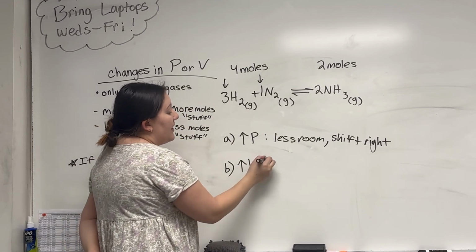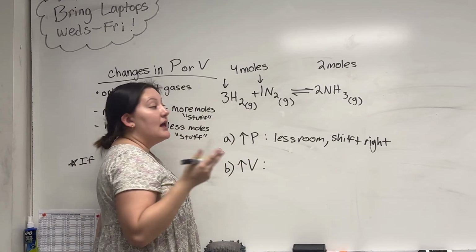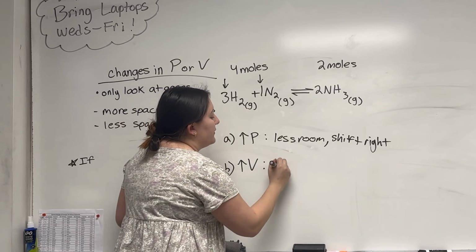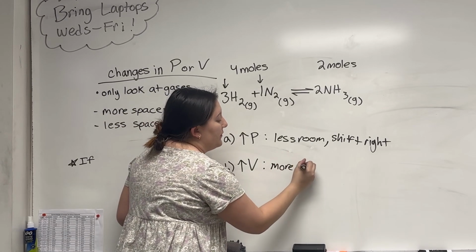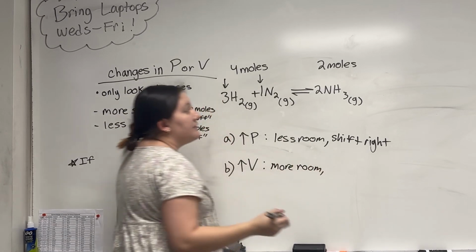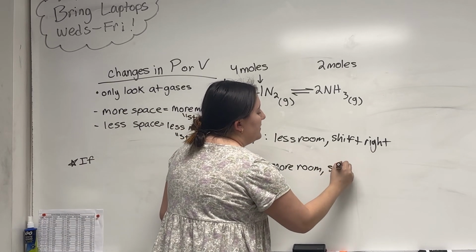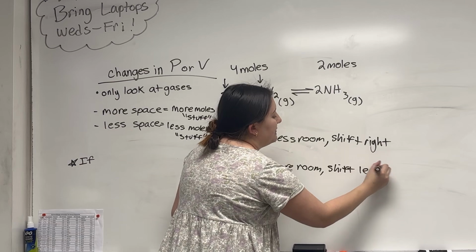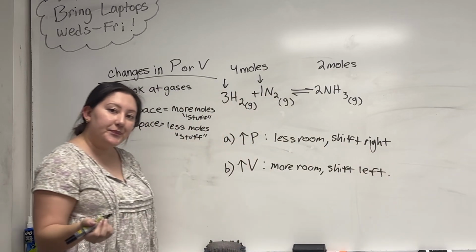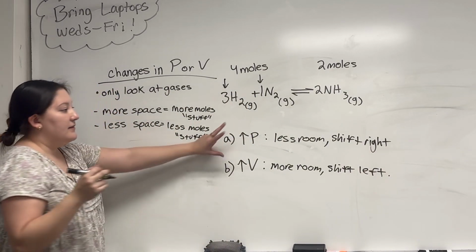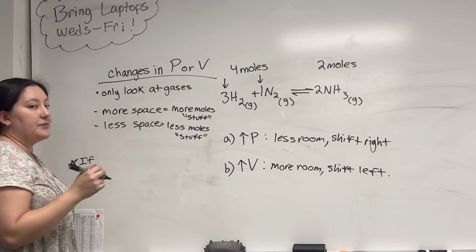Now, if we increase the volume, now I all of a sudden have way more room for stuff. So I have more space or more room. So I'm going to shift to the side with more stuff because now I can hold all that stuff. So I'm going to shift left. All right? And then the converses of those are true as well.